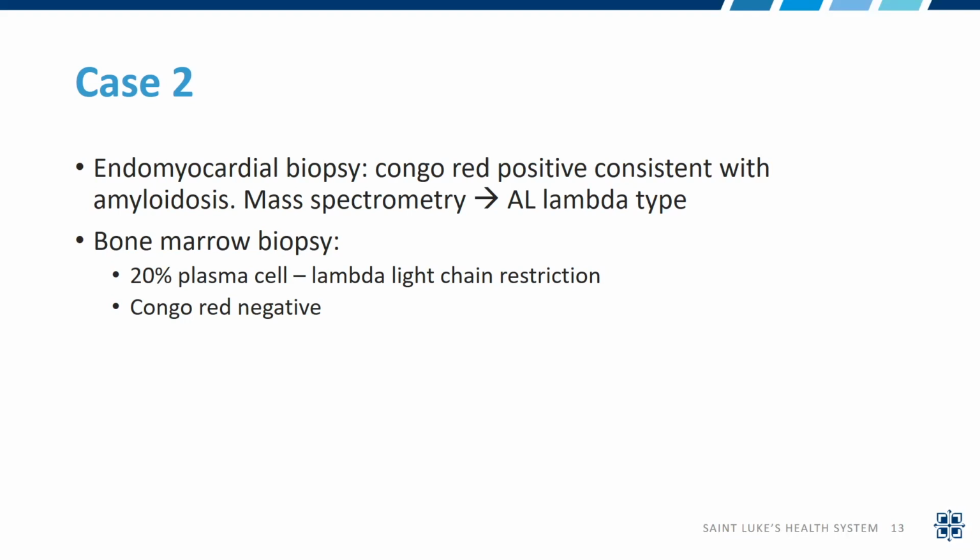And this is really amazing to me, with a serum free lambda level of only 40, which is very low. Normally we see several hundreds, even 1,000 or so, that free lambda level.